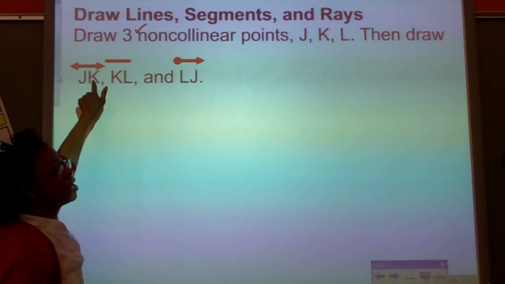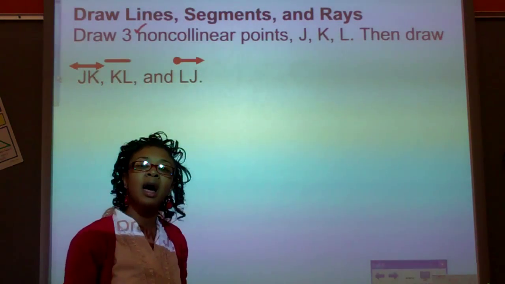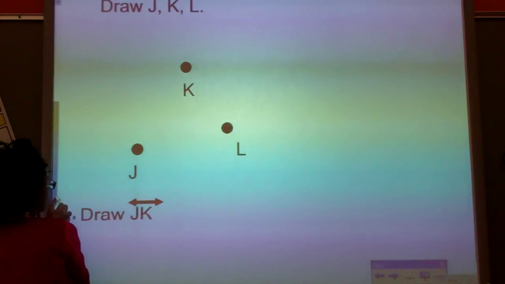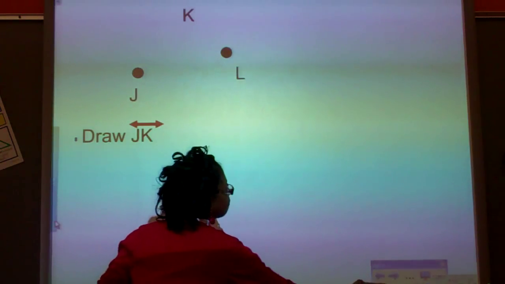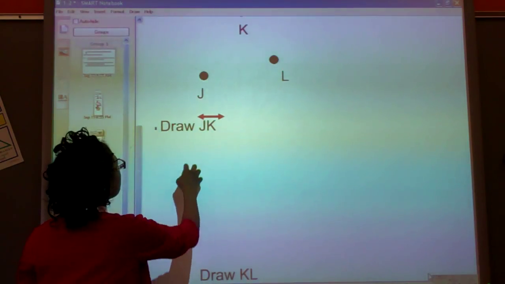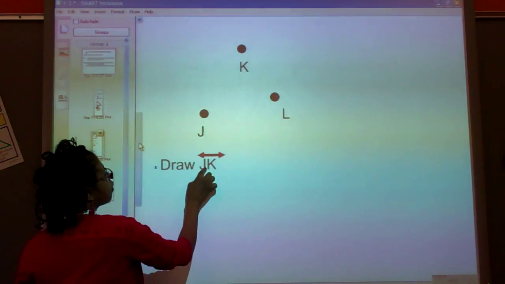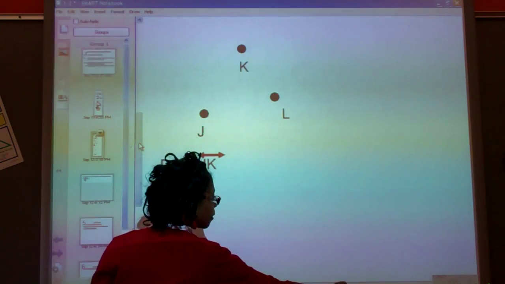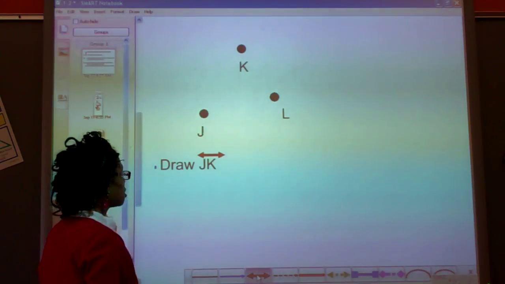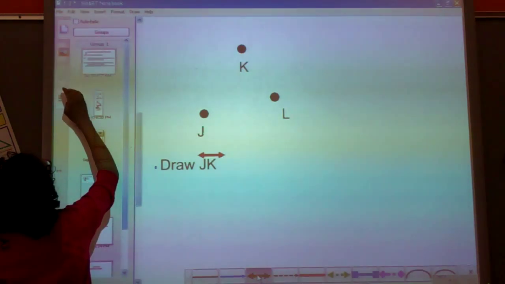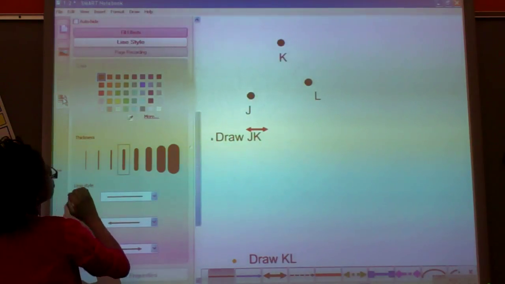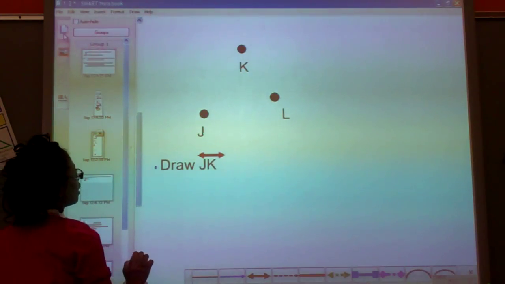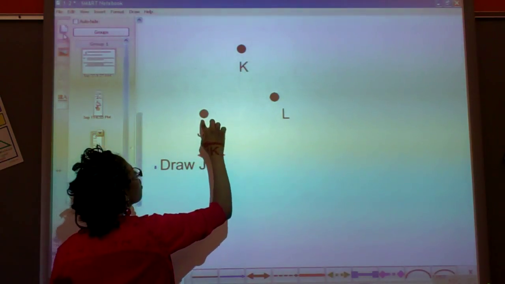Next step, it says now we need to draw a line. Draw the line from where? J to K. Okay? So we come down here, and I'm going to draw a line from J to K. I've selected 2 arrowheads.